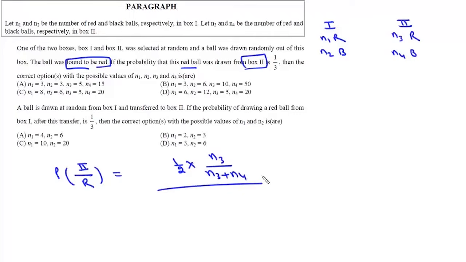If it is the first box, we can choose it in 1/2 ways, and then getting a red ball is N1 upon N1 plus N2, plus 1/2 into N3 upon N3 plus N4, and this probability is 1/3. Now 1/2 will cancel.